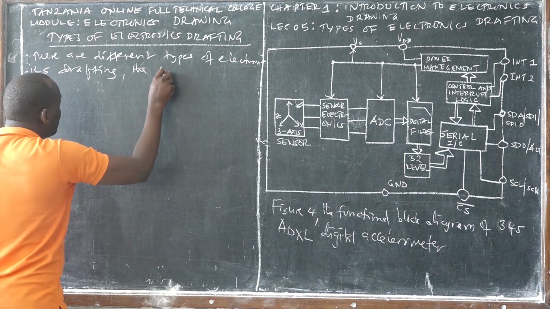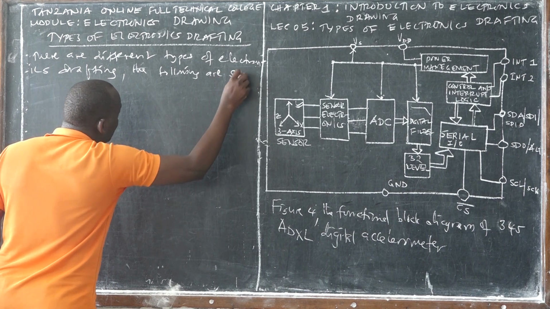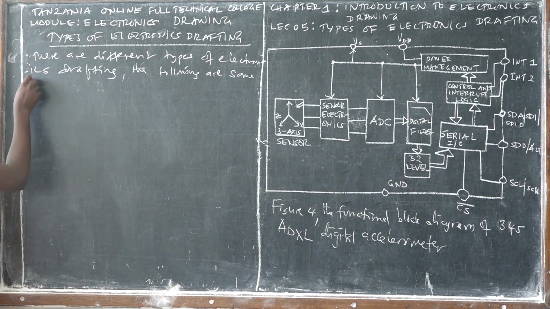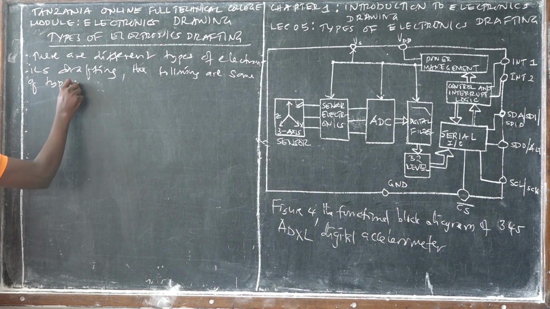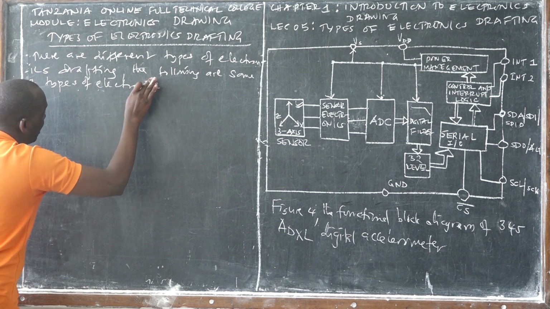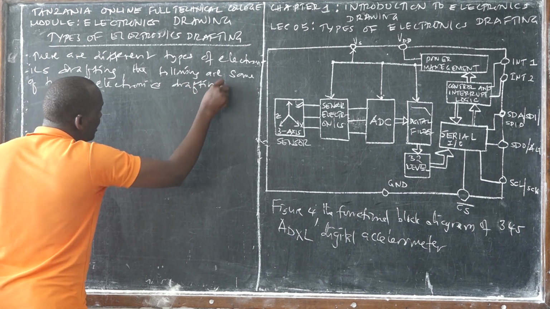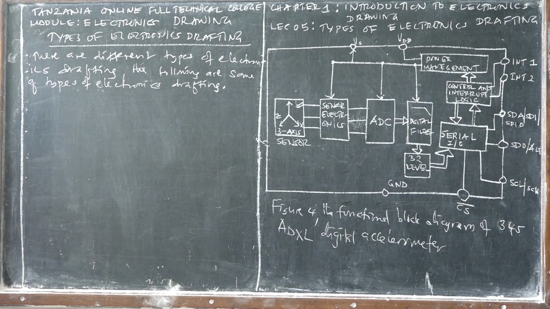The following are some of the types of electronics drafting. This will be number 5.